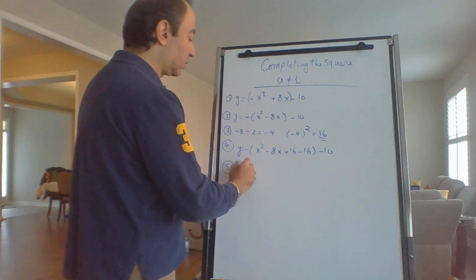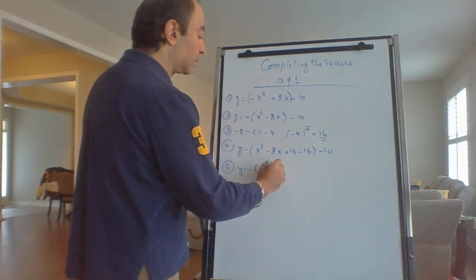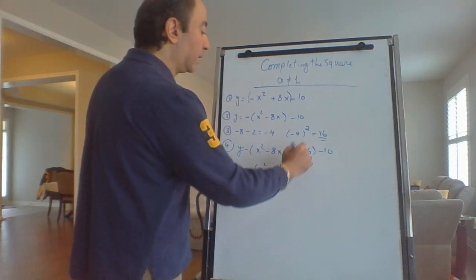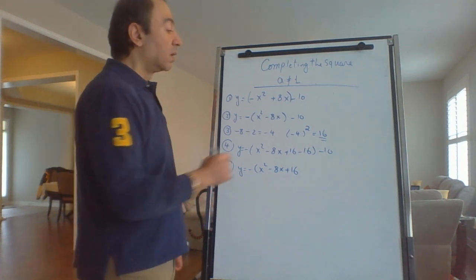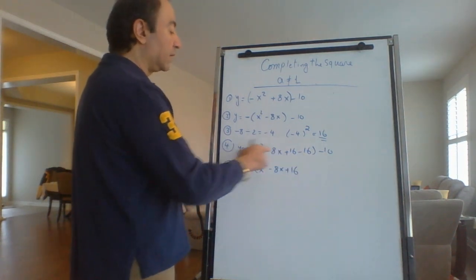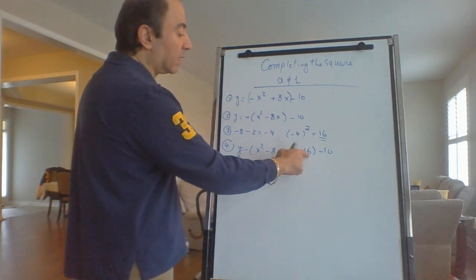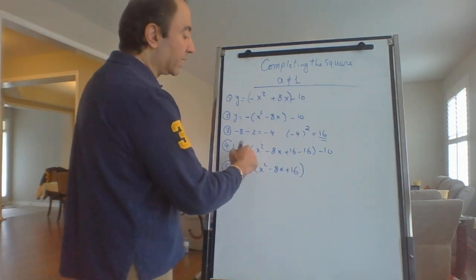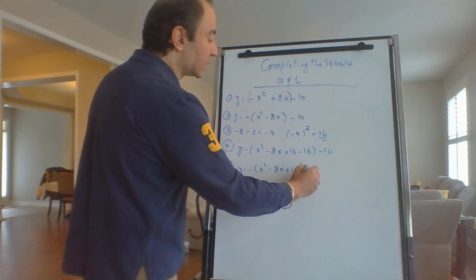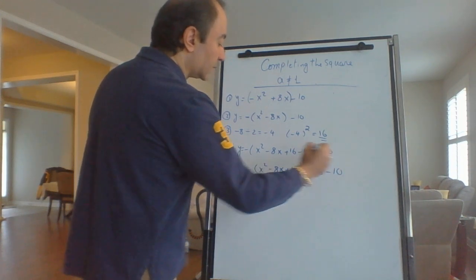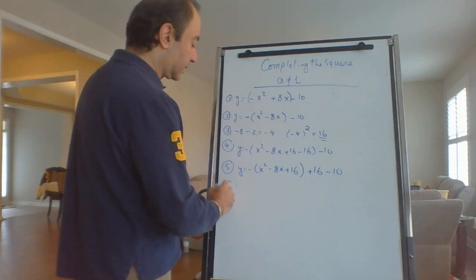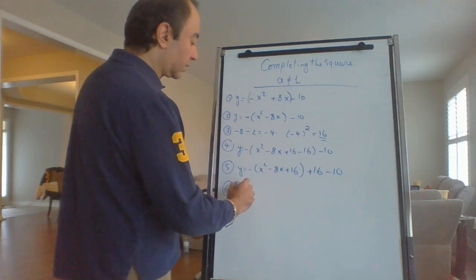So y equals negative x squared minus 8x plus 16. I will take the negative 16 out. But negative 16 is not free, it is multiplied with the negative 1. So we have to multiply the a with the value we are going to take out. So negative 1 times negative 16 is positive 16.